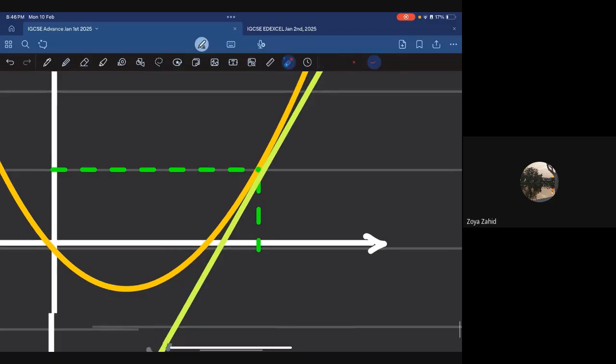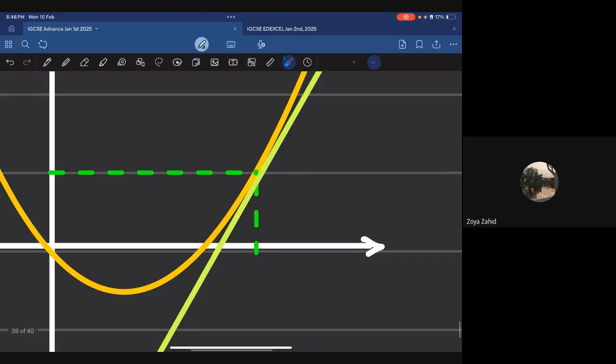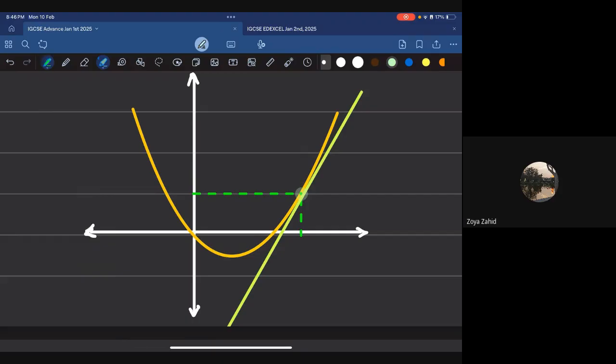I cannot zoom in more. I hope you guys can see. You can clearly see that that line touches the graph at that point. Such is that line touching the graph at that point that that point is now collinear.